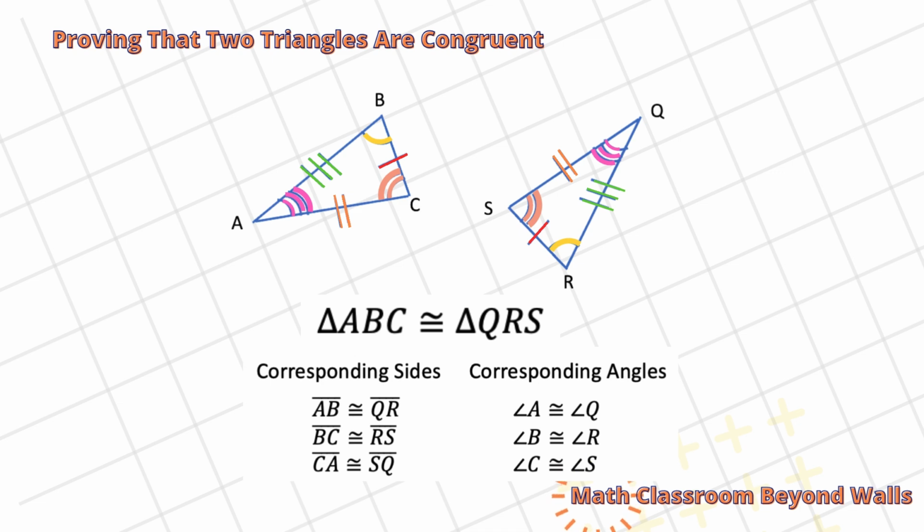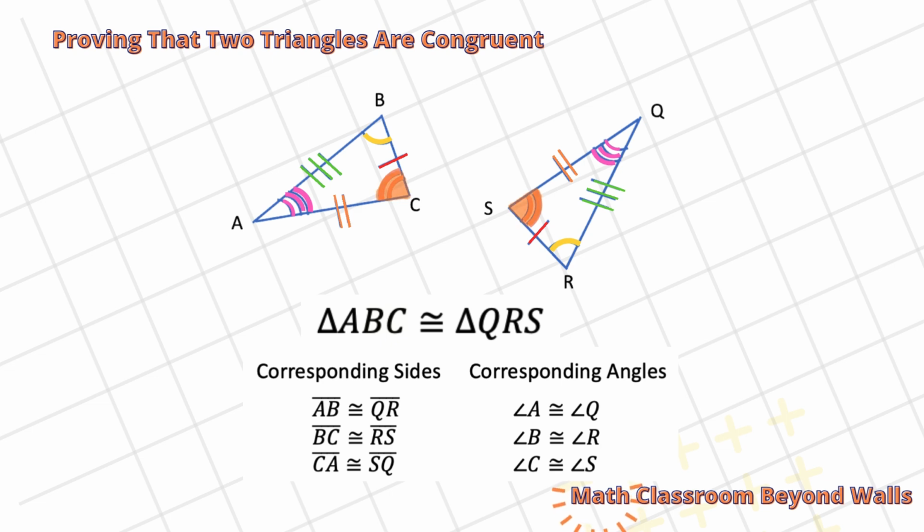On the corresponding sides, side AB is congruent to side QR, side BC is congruent to side RS, and side CA is congruent to side SQ. On the corresponding angles, angle A is congruent to angle Q, angle B is congruent to angle R, and angle C is congruent to angle S.